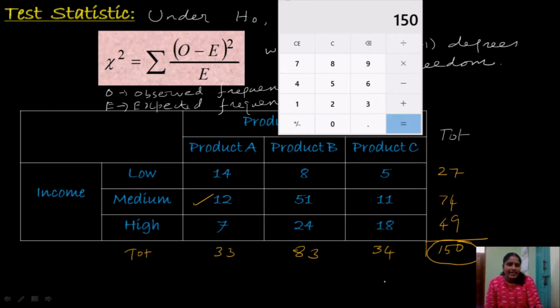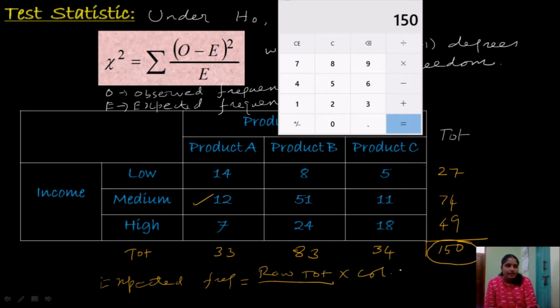After calculating the row total and column total, we have to calculate the expected frequencies in each cell. The expected frequency in each cell is calculated by taking the ratio of the product of row total and column total divided by the whole total.